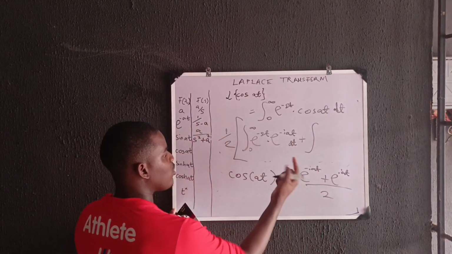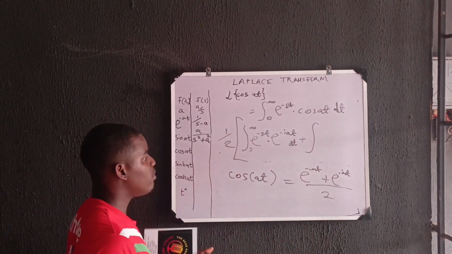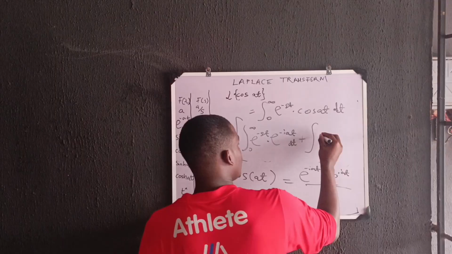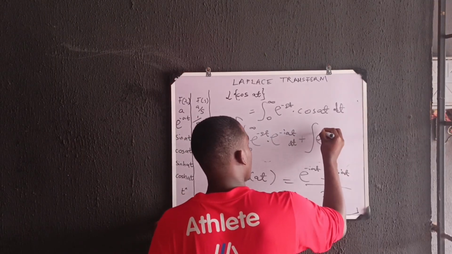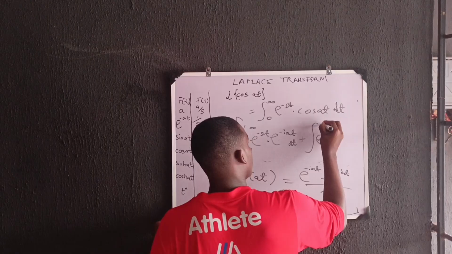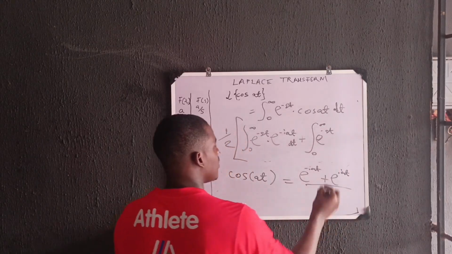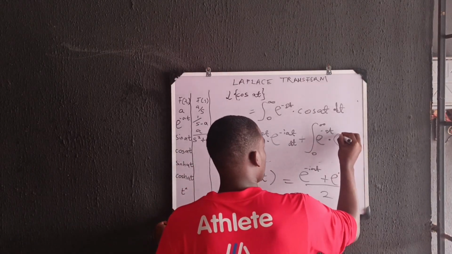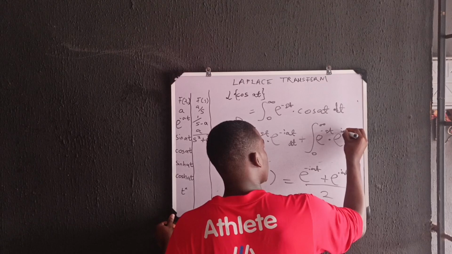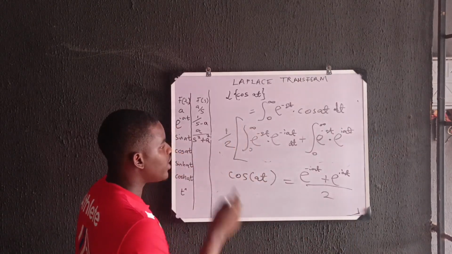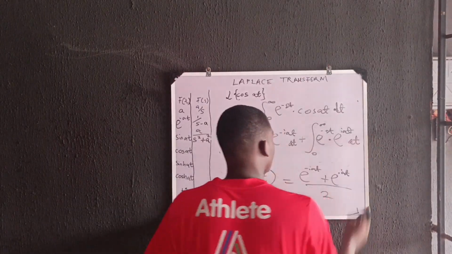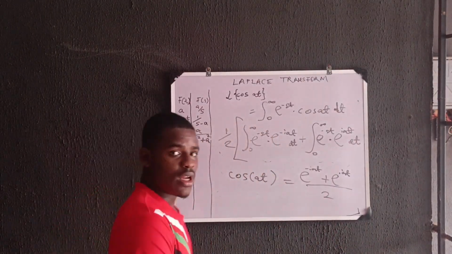Sorry, always remember to add your dt, else they can fail you for technicalities. Plus e to the negative st, remember from 0 to infinity, dot e to the iat, dt. So that is what you have. Let's move forward.